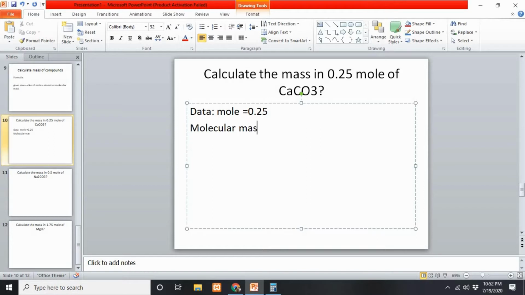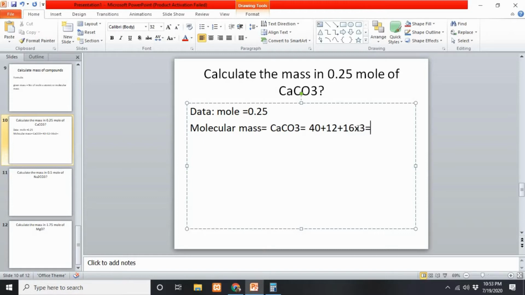Molecular mass is equal to, the compound is CaCO3. So we are going to calculate the atomic mass of calcium, which is 40, plus the atomic mass of carbon, which is 12, plus the atomic mass of oxygen, which is 16, and it contains 3 atoms, so we will multiply 16 into 3.